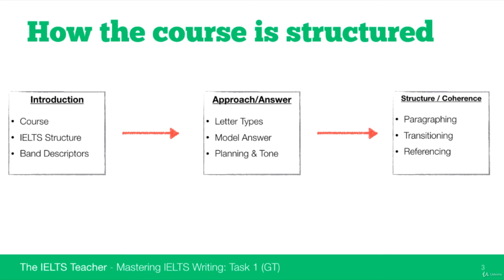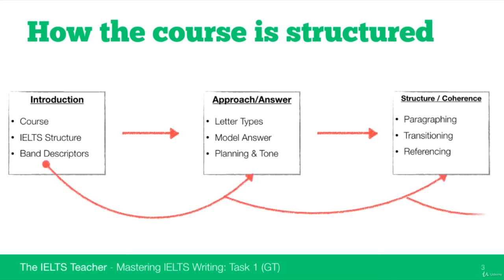Now, each of these sections actually corresponds to a different band descriptor category. So the approach and answer section, that's all about task achievement. The structure and coherence section, that's about coherence and cohesion. Each of the band descriptor categories are worth 25% of your score, so we are dividing those equally.